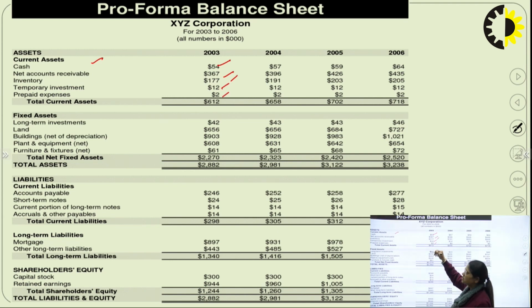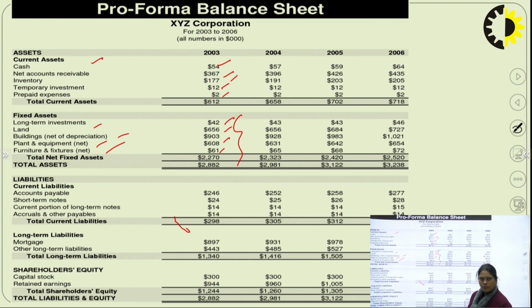So we have noted down all the current asset values in the first column, and we add all these values. Similarly, we have to put all the values of fixed assets like long term investment, building, plant and equipment, furniture and fixtures. So we have put all the values in the fixed asset part.